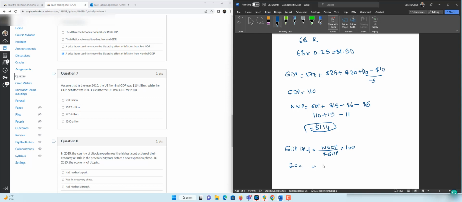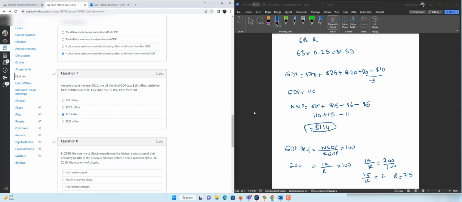I know nominal GDP is 15 trillion. I don't know the real GDP, times 100. So we can solve this equation. You can divide first 200 by 100. So 15 divided by real GDP is equal to 200 divided by 100. 15 divided by real GDP is 2. So real GDP from this calculation is 7.5. The right answer is 7.5 trillion.